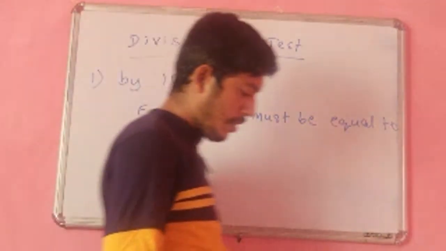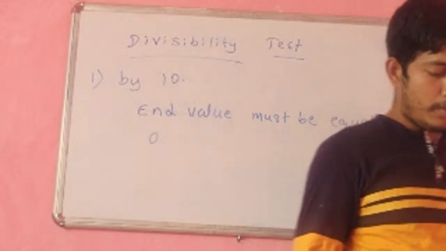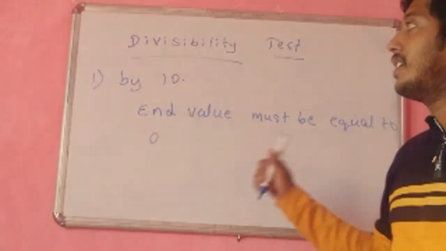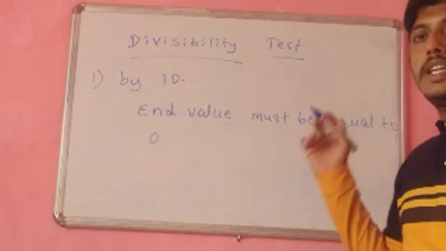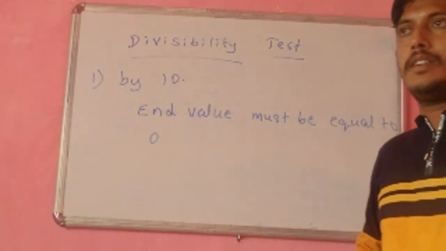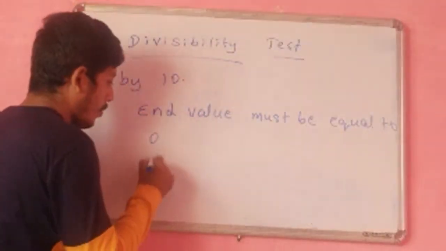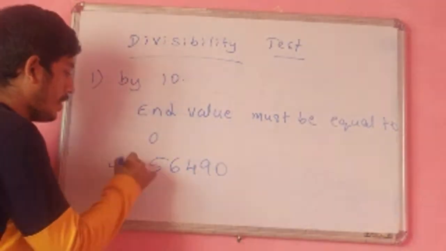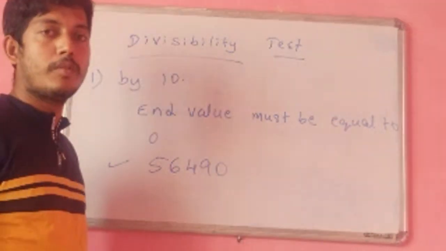End value must be equal to 0. Then in that case we can directly write that the given number is divisible by 10. For example, I will consider 56490. Check whether this number is divisible by 10 or not.